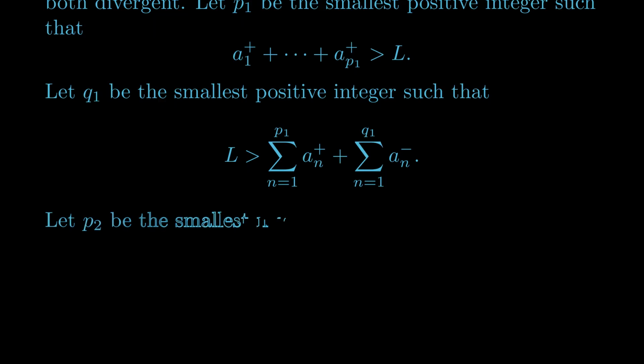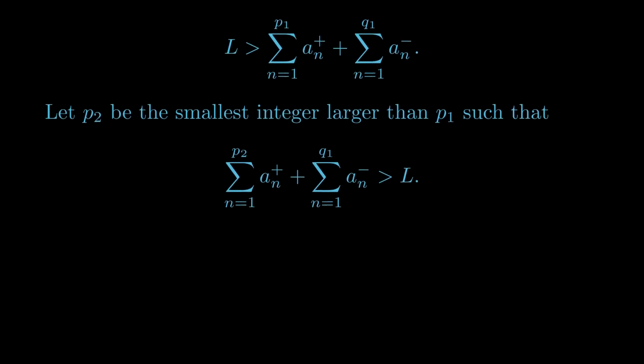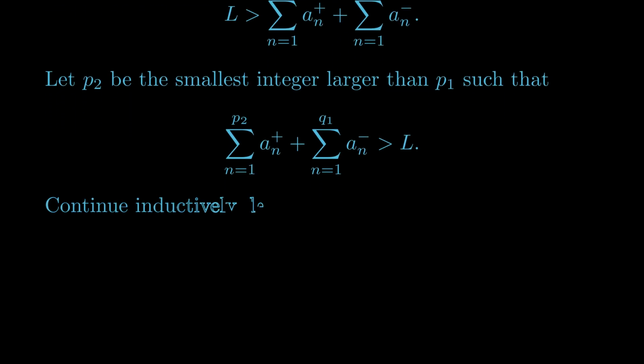And then we let p2 be the smallest integer larger than p1 such that the sum n equals 1 to p2 of a_n plus, plus the sum n equals 1 to q1 of a_n minus, is greater than L. And we continue with this back and forth, defining q2 and then p3 similarly.